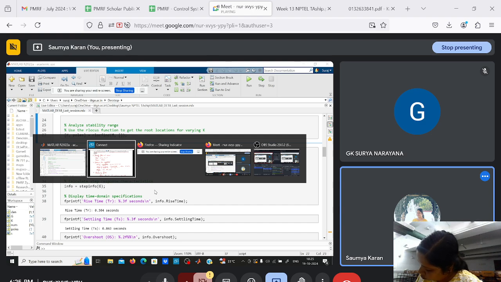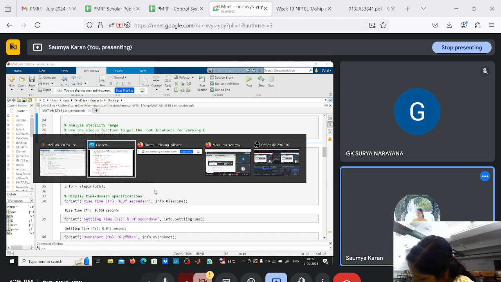Let's first find what is the overshoot. It is given by e to the power minus pi zeta upon root 1 minus zeta square, into 100.